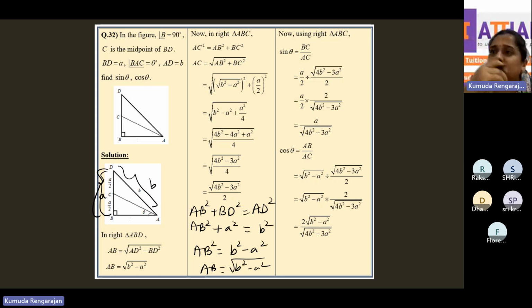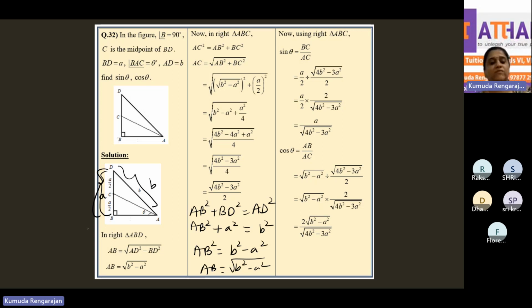A by 2 plus A by 2 is 2A by 2, 2 and 2 will cancel. Oh, so you said 4A square by 4? 4 and 4 will cancel. You got root of B square. Okay. Got it now? Understood?